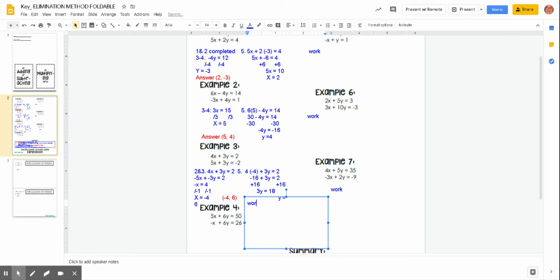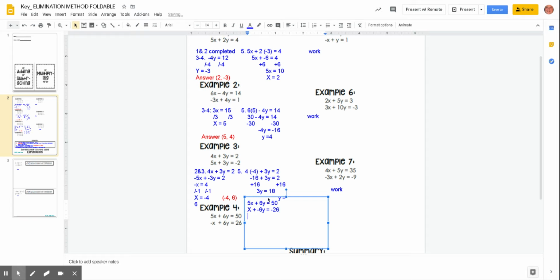So let's go ahead and we're just going to multiply the bottom one by negative 1, basically because it helps us avoid making really large numbers. So 5x plus 6y equals 50. Negative x times negative 1 would be x plus negative 6y, because positive 6y times negative would be a negative, and negative 26.